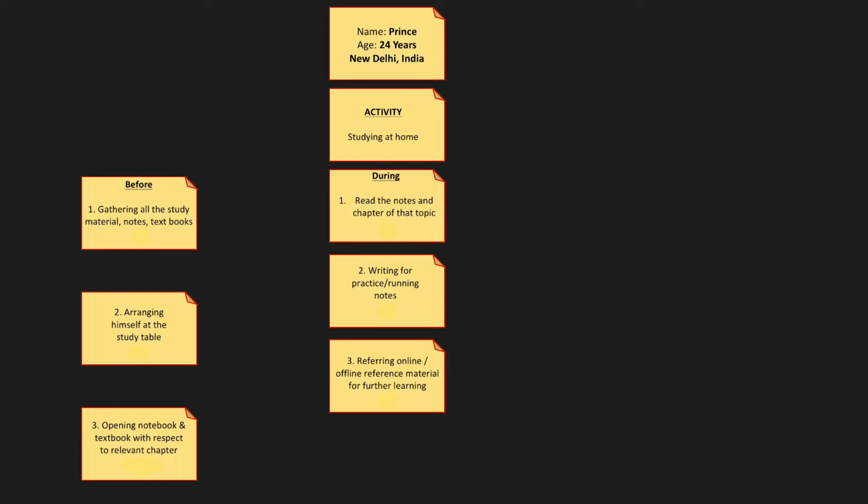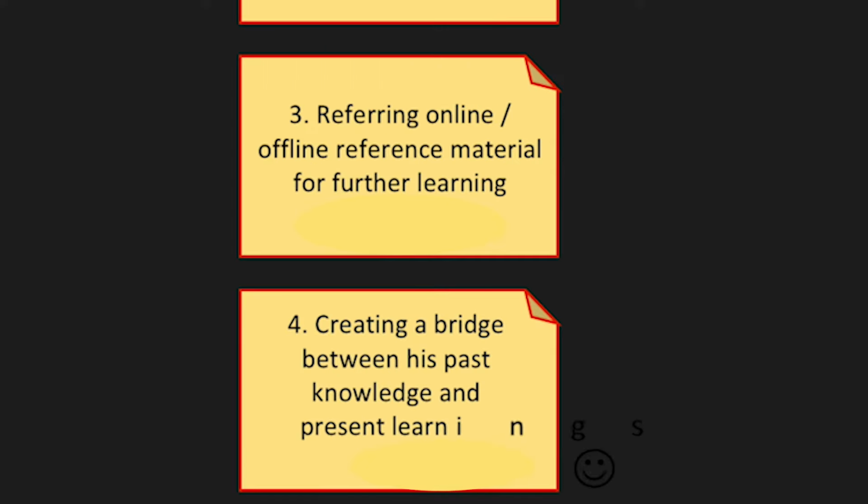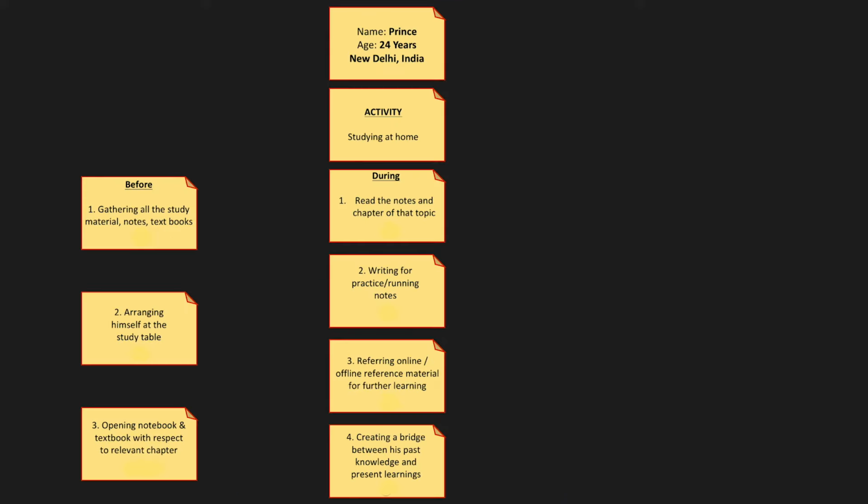Adding his previous knowledge to this topic, creating a relationship between what he has already learned and what he is presently learning. Creating a bridge between his past knowledge and present learnings.